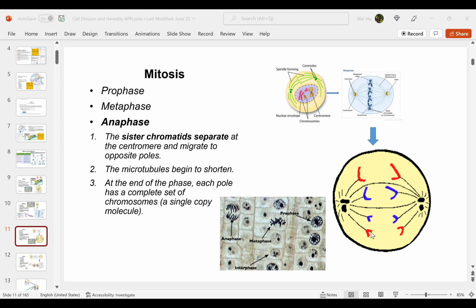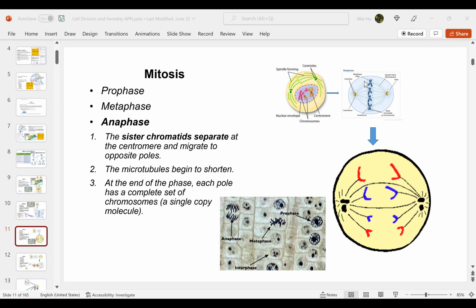Okay, so you have this one. You can see the sister chromatids separate, right? The 2 separate. Therefore, you got 8 chromosomes here, because when they separate, they become chromosomes.